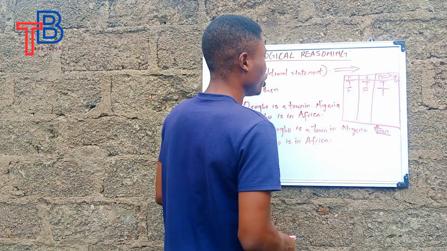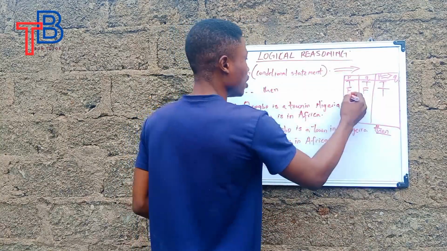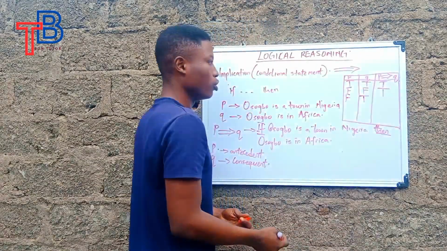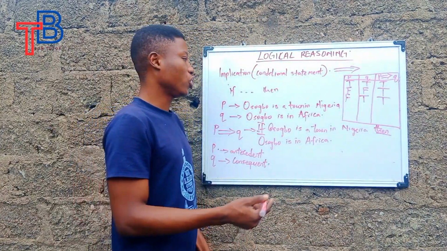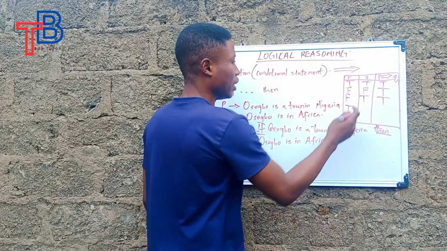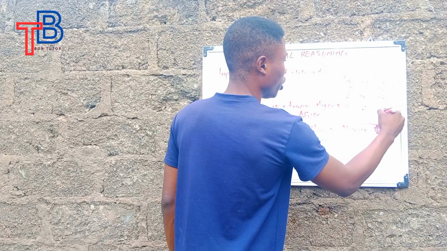Another condition is that if the first statement P, which is the antecedent, is false and the second statement is true, that means the conditional statement will be true. Another condition is that if the first statement is true and the last statement is false, then the conditional statement will be false.